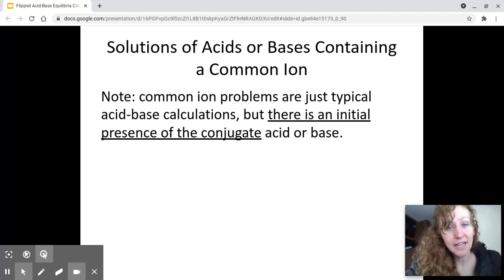The only difference is now there's an initial presence of the conjugate ion. So whatever the conjugate ion is for that acid or for that base, that's going to be present from a different source, usually from a salt. Okay, so that's the only difference between this problem and what we've been doing in the past.